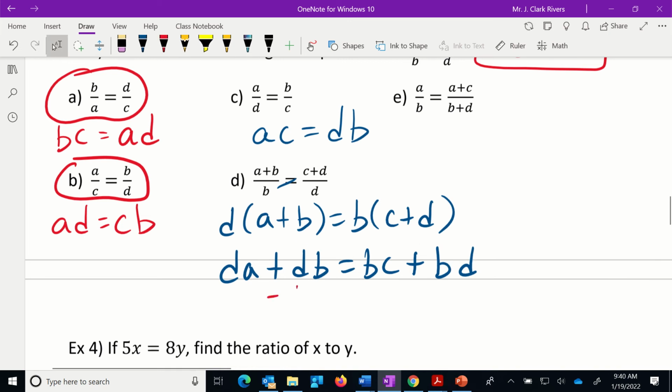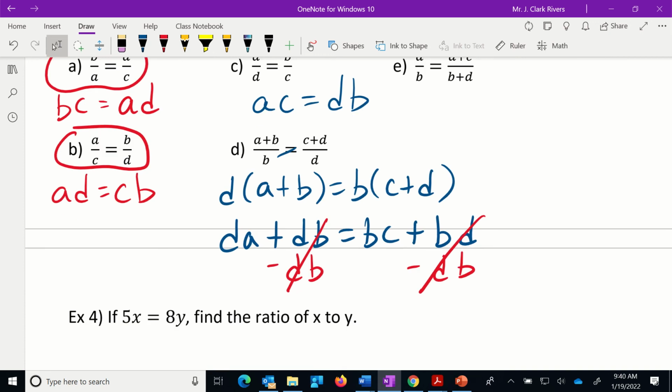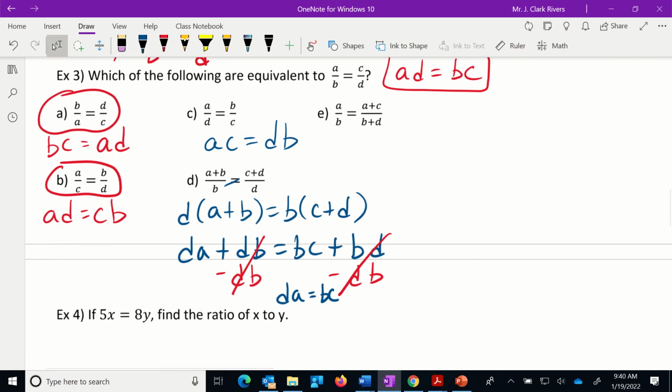So I'm going to subtract dB from both sides, and when I do that, these go away and those go away, and we are left with dA equals BC. So is dA equals BC the same thing as AD equals BC? Yes. So D is equivalent as well.